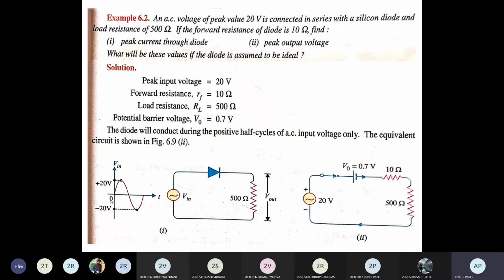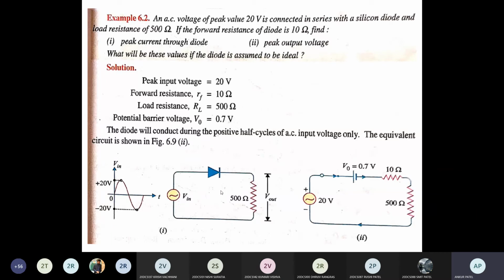So the circuit is given. We are giving the input peak value of 20 volt as Vin to this diode, and it is a silicon diode, so the potential barrier voltage V0 is 0.7 volt. The 10 ohm is the internal forward resistance RF, and the 500 ohm is the load resistance, across which we measure the output voltage.